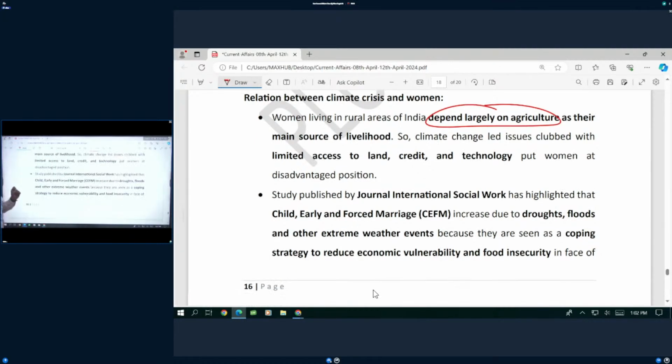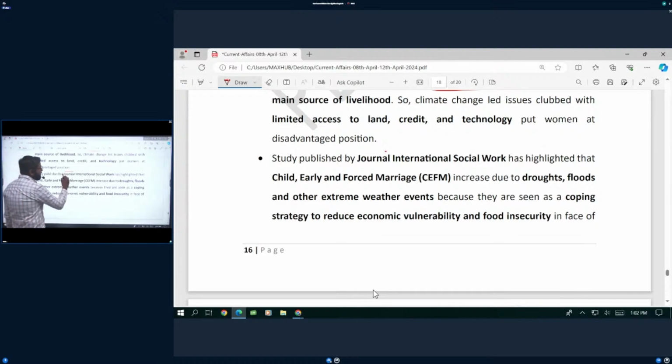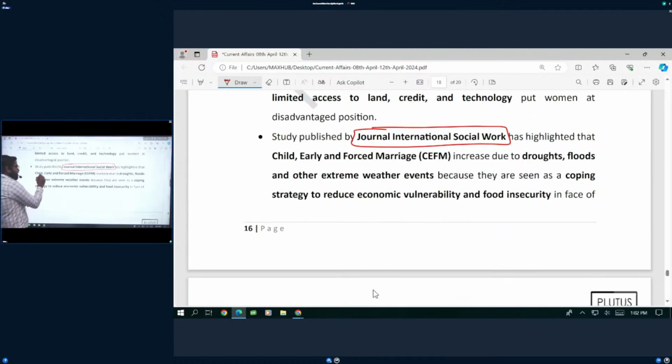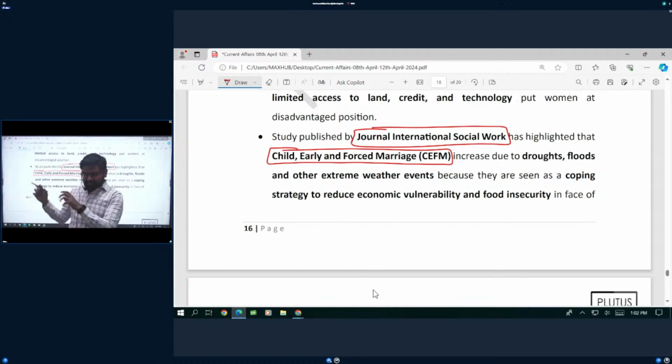Second, एक study publish हुई है in a journal, International Social Work. A study has been published that argues that CEFM, child early and forced marriage, increases in proportion to drought, floods and any extreme weather event. The study has found around the world, it's a common thing.